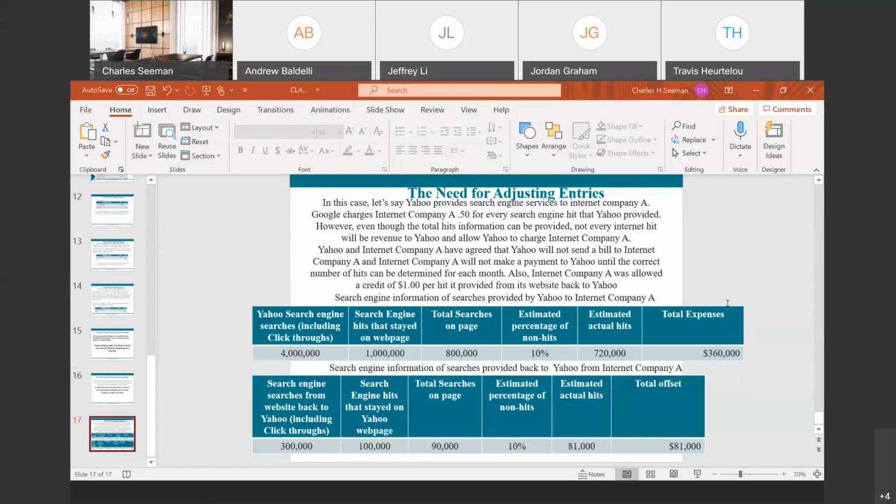Walmart has to pay for the ability of Yahoo to provide it as a search. So Walmart pays Yahoo a certain amount every time somebody goes to Yahoo and types in Walmart.